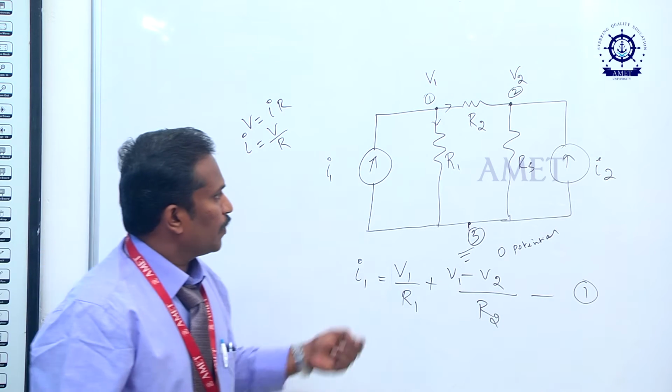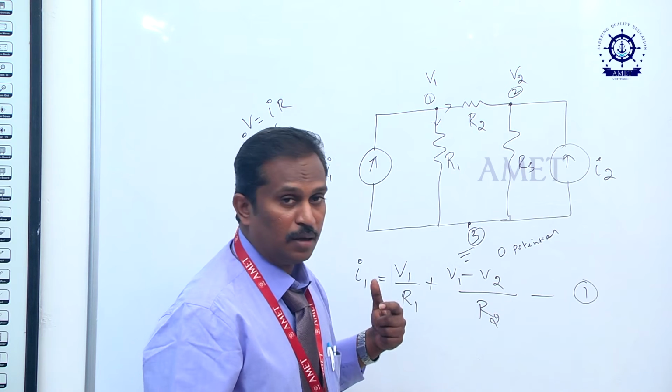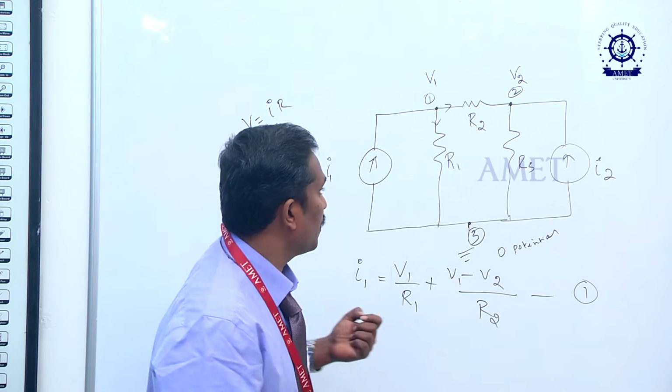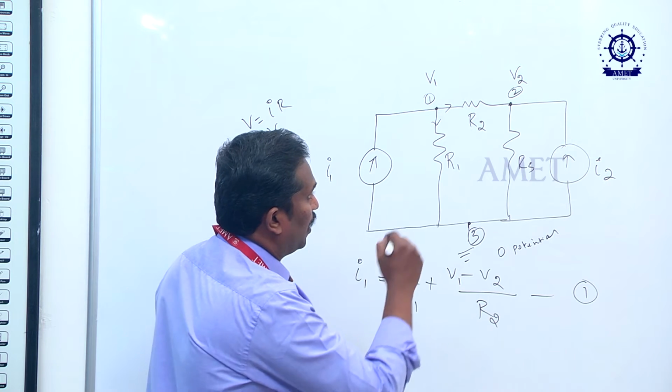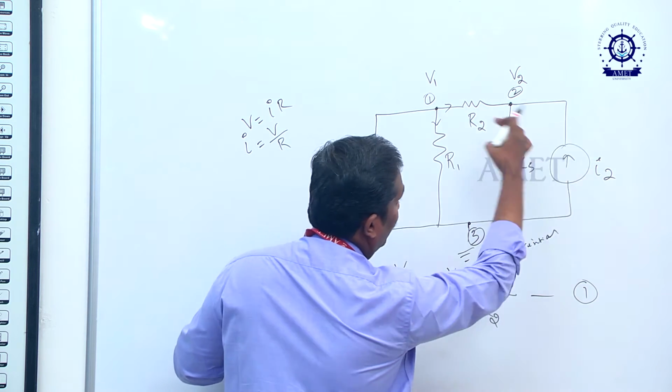Similarly, we have to write the equation for node 2, because this is a 3 node circuit. If you have 3 nodes, we can form 2 equations. So, apply KCL at node 2. Current I2 is entering into the node.